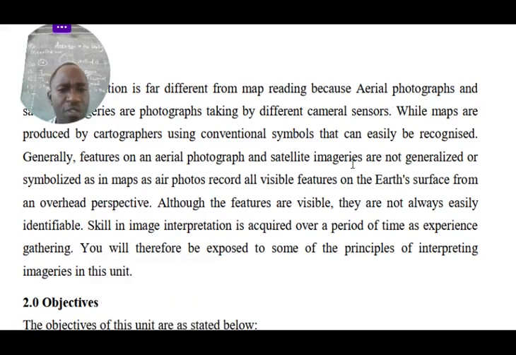They are saying that all the visible features on the Earth's surface from all over the world are recorded. With that statement, they are trying to mean that once an image is taken from the sky, it appears to be like a photograph without the symbols, or what we have termed conventional symbols.